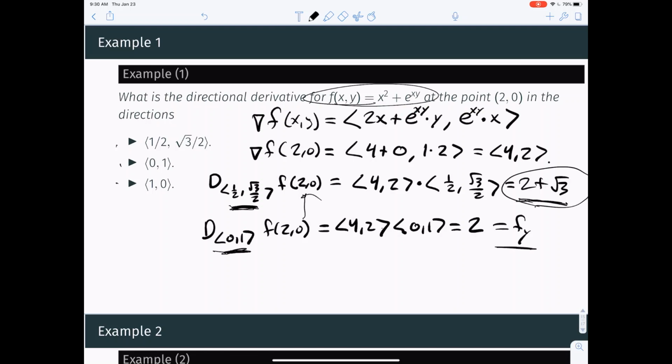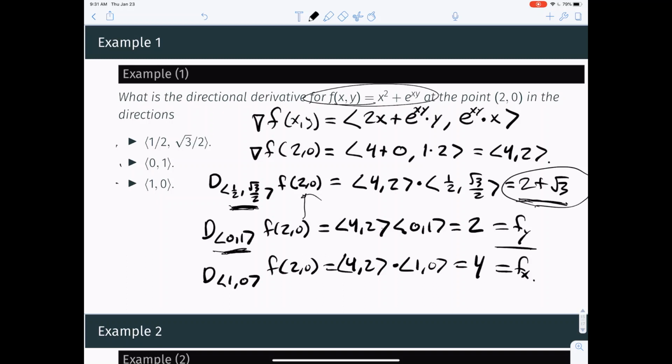And similarly, if we go in 1, 0, the x direction, we just get 4, which is the x partial derivative. So partial derivatives are actually included inside of directional derivatives, but you can go in any direction you want. And when these numbers are positive, that means the graph is on its way up in those directions. If these numbers are negative, it would mean the graph is going down in those directions.